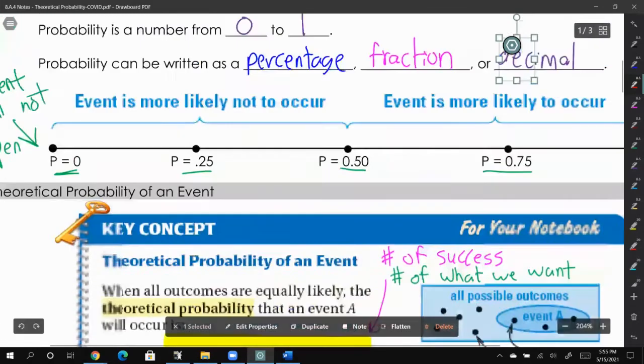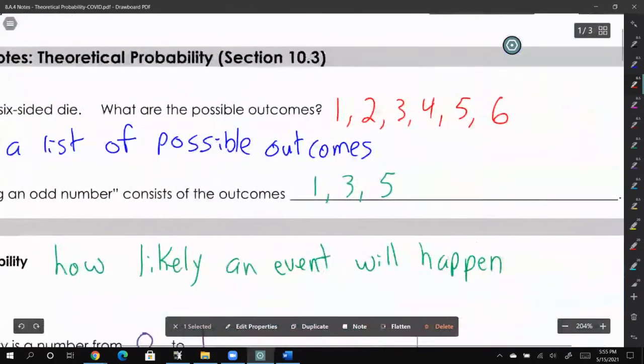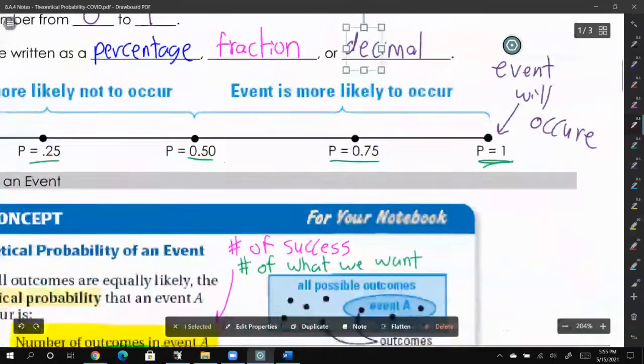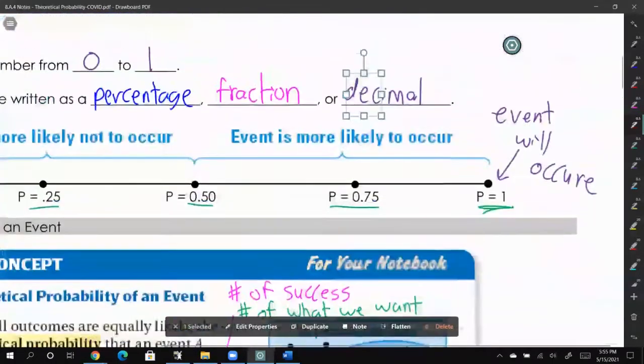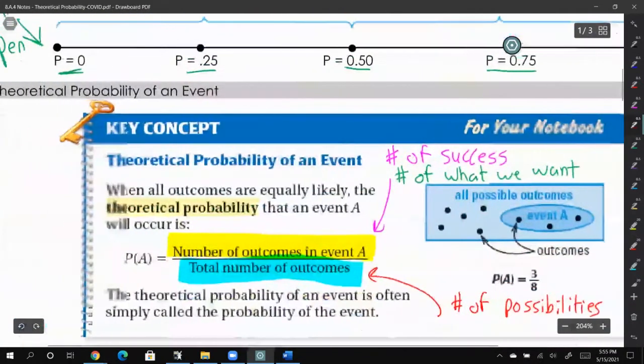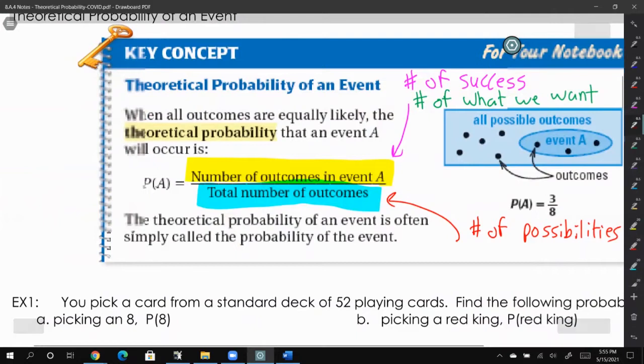If we go back up here to our die, we have 6 possibilities. But if I say, what's the probability that you roll a 5? Well, we want a 5. Rolling a 5 would be a success. And we have 6 possibilities. So the probability would be 1 out of 6, or 1 over 6. And then you could convert that to the corresponding decimal or percentage. So I like to think about probability that way.